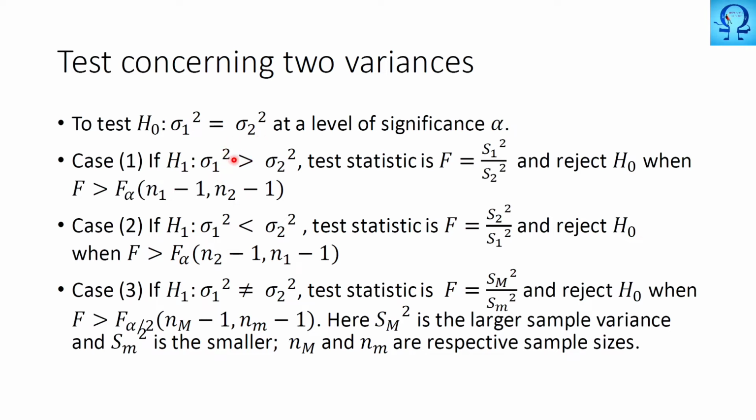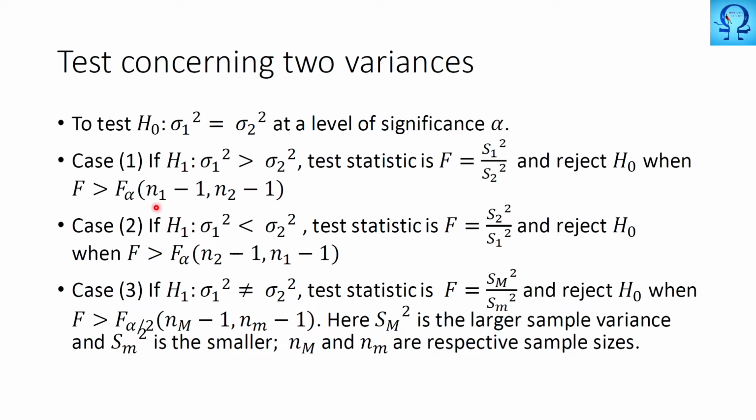If sigma 1 square is bigger than sigma 2 square, then F is defined accordingly, and we will reject H naught whenever the calculated F is bigger than the value of F that we read from the table. Similarly, if sigma 1 square is smaller than sigma 2 square, then s2 square upon s1 square is the test statistic, but the rejection criterion is the same.